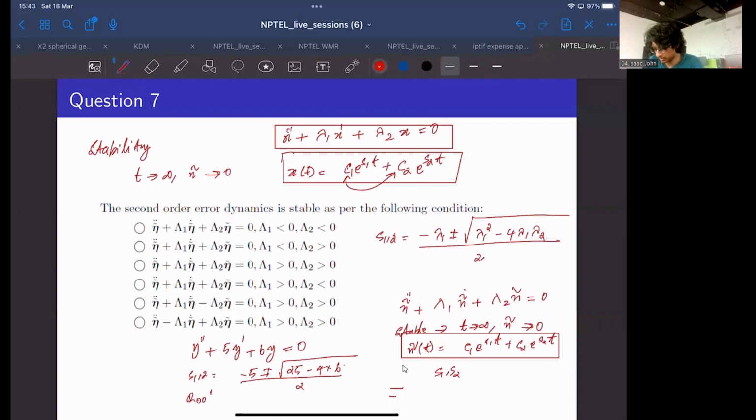And the roots are, I suppose, minus 3 and minus 2. So the response of the system, if the independent variable is t, y of t would be c1 e raised to minus 2t plus c2 e raised to minus 3t.